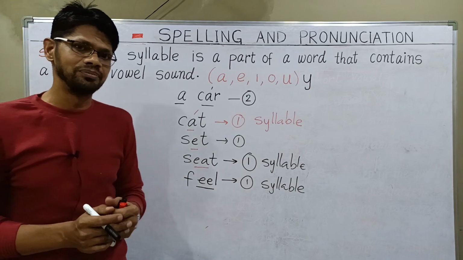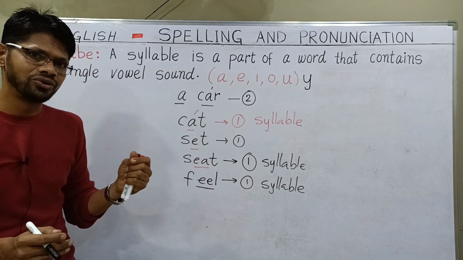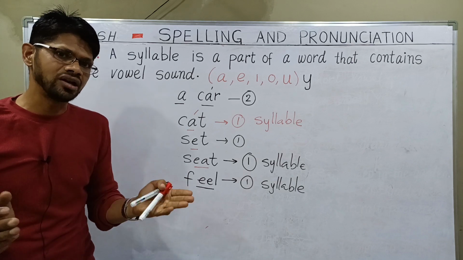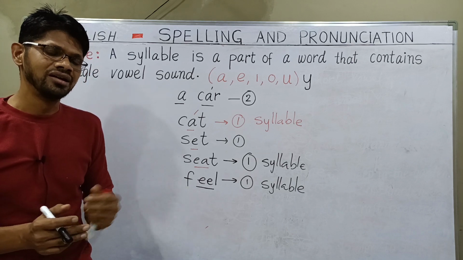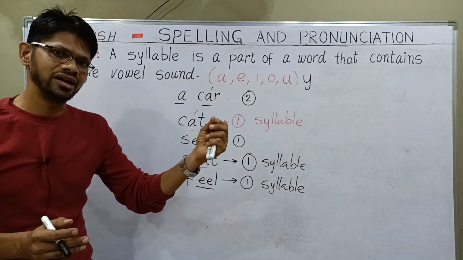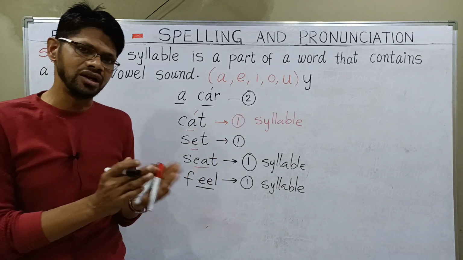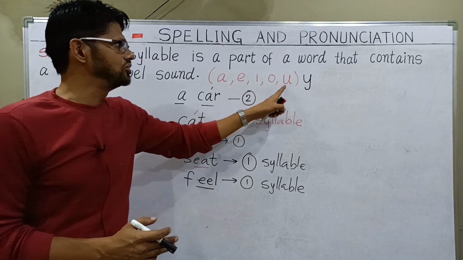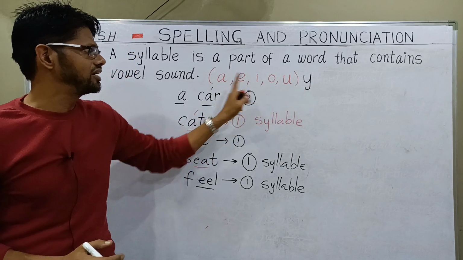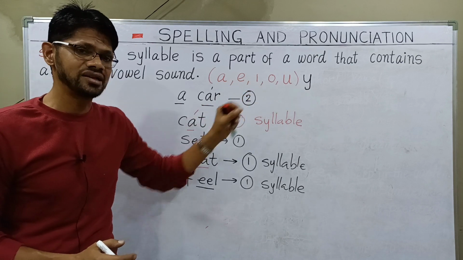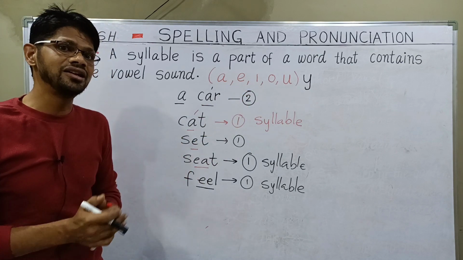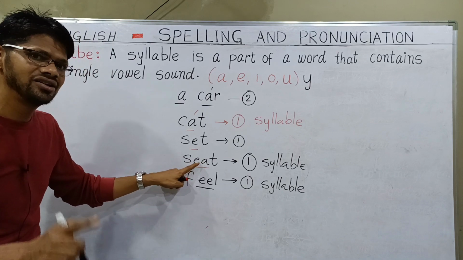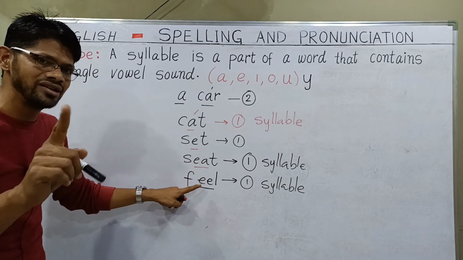Already we have learned in the previous lesson that 26 letters produce 44 different sounds. 24 sounds are consonants, whereas vowels, A, E, I, O, U and Y, all together 6 letters, produce 20 different sounds. So here seat, S-E-A-T, one beat, feel, one sound.